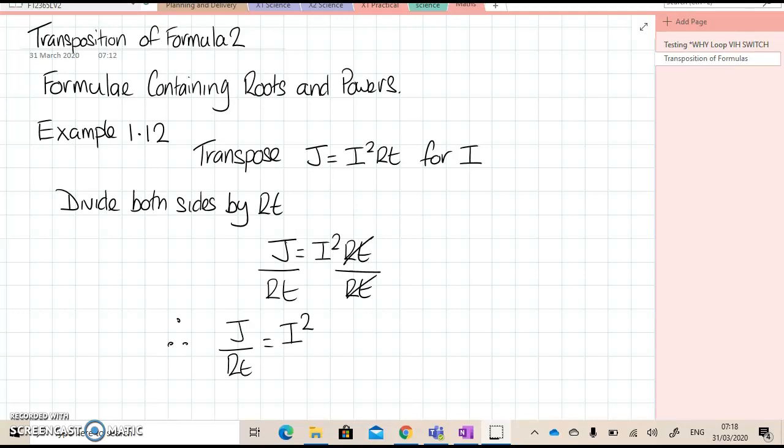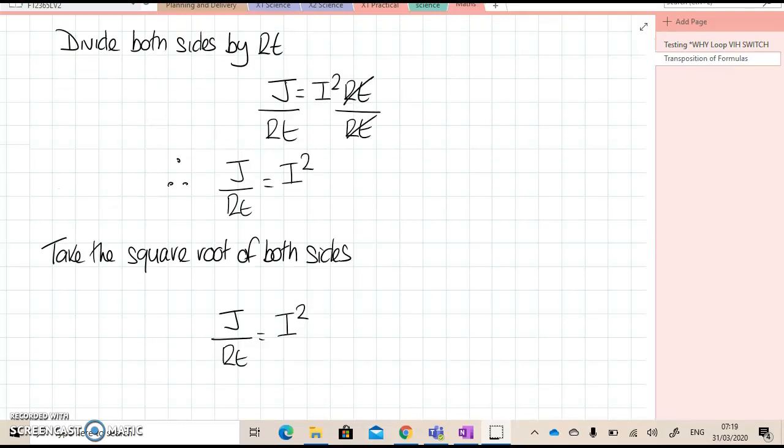So the second thing we need to do now is get rid of the squared. One way to look at this is the opposite of squared is the square root. So what we do then is we take the square root on both sides, and that will get rid of the squared, the power.